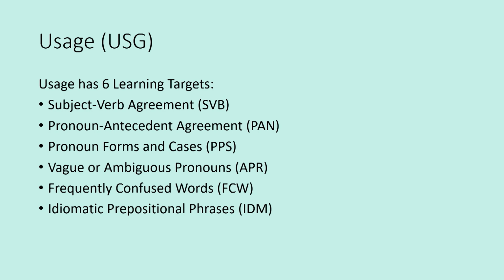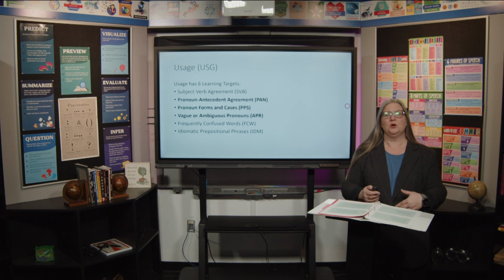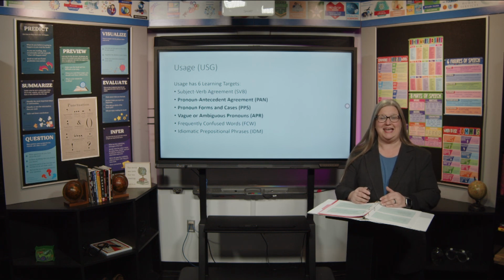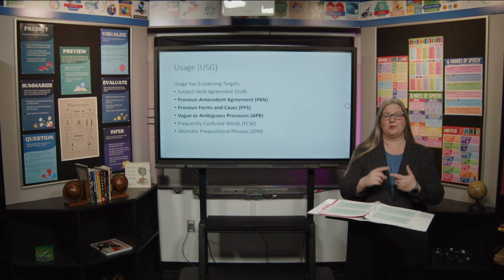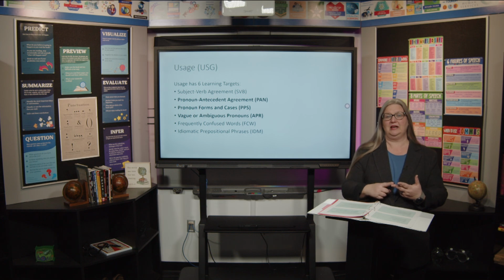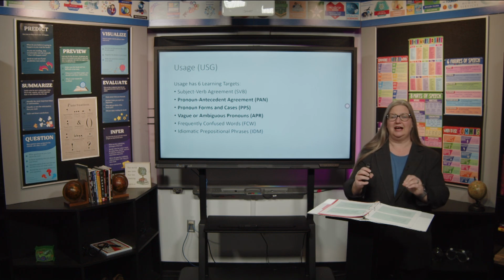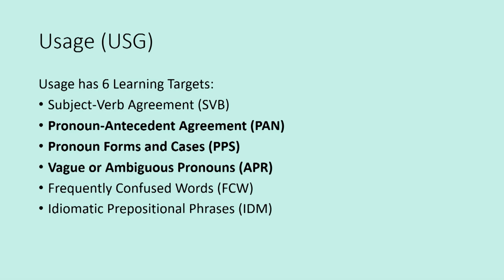The last time we met, we worked with some of these skills. We're going to work with the rest of those skills today. So we're going to specifically look at pronoun antecedent agreement, pronoun forms and case, as well as vague or ambiguous pronouns. And so that will help solidify your skills on the usage section of the ACT.